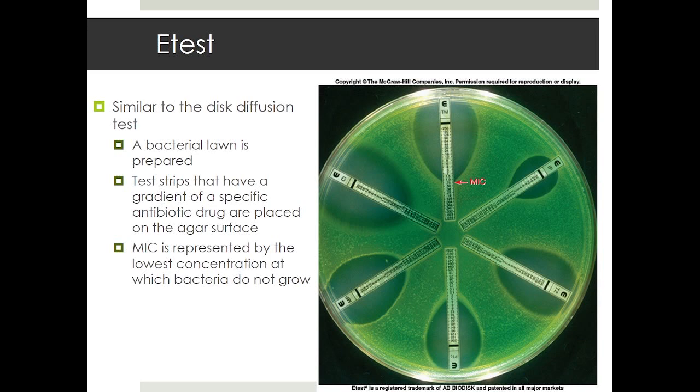And then you can see right on the strip where the minimum inhibitory concentration is based on that lowest concentration where you see bacteria not growing. So you essentially look at where the edge of that zone of inhibition is, and that's going to be your minimum inhibitory concentration. Depending on the drug, you'll see that different ones will have a different value because they'll be more or less effective depending on what they are and what they target.